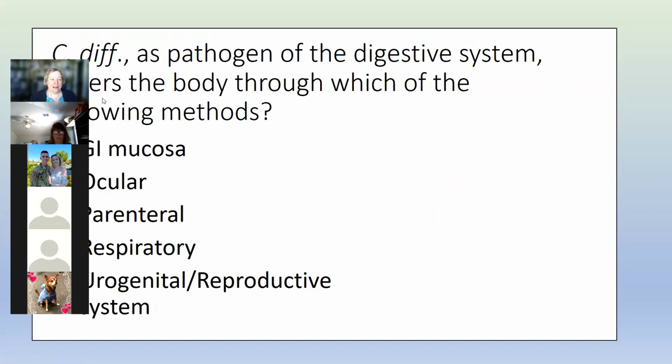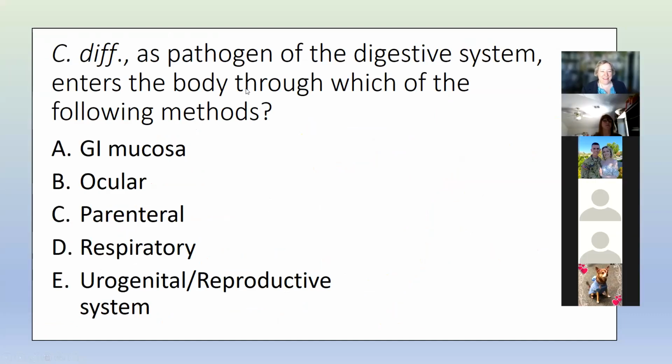All right, let's talk about C. diff. Can you tell I have favorite pathogens? It's not that I would want to get them. Yes, I want 5 answer options. Clostridium, it used to be called, now it's called Clostridioides difficile.